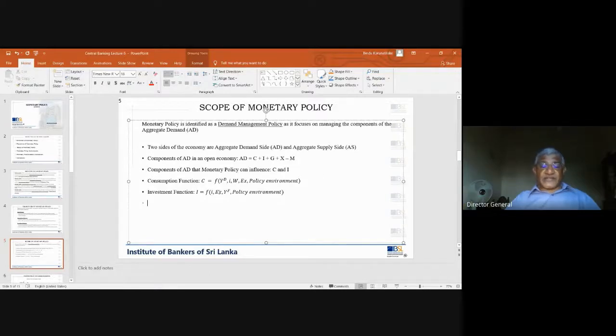Therefore, their expectations are negative, and the business people's expectations are positive. Like that, expectations also can drive people whether to consume more or less, whether to invest more or less. So the expectations are those things.